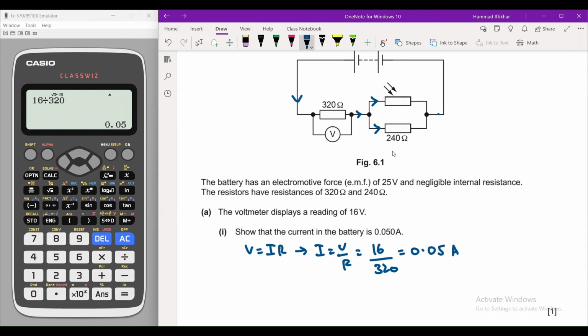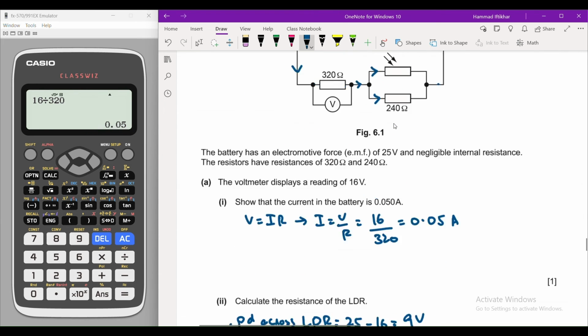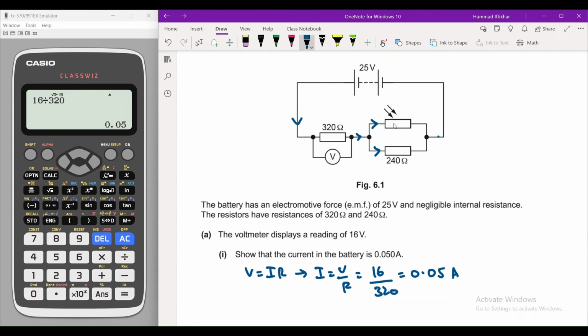If we want the resistance, we need the current. We can actually find this using the potential divider formula also, but let's keep things simple. If we find the current through the 240 ohm resistor, we can find the current through the LDR. We already know the potential difference, so we can find the resistance.